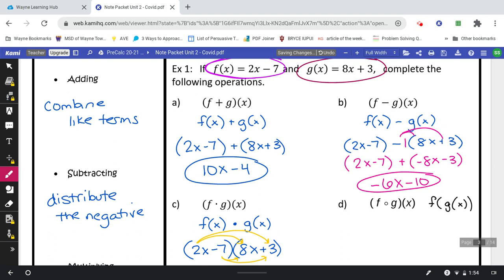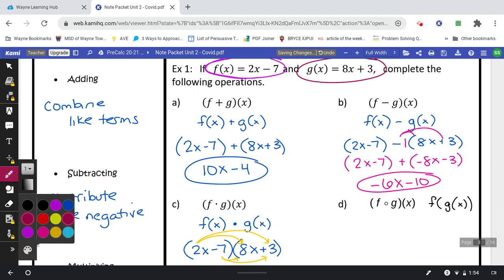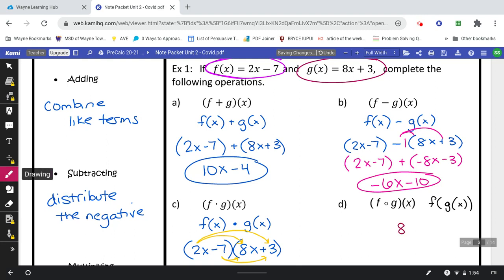So you're going to start by taking your g of x, that 8x plus 3, put it inside a parenthesis, and then that's going to go in place of the x in the purple equation. So 2, what would have been x, minus 7. So g of x is literally getting substituted into the f.